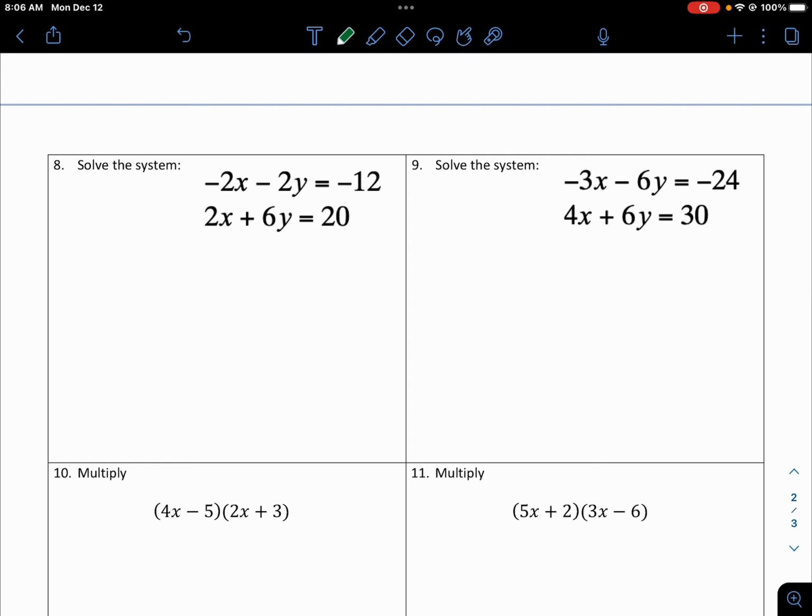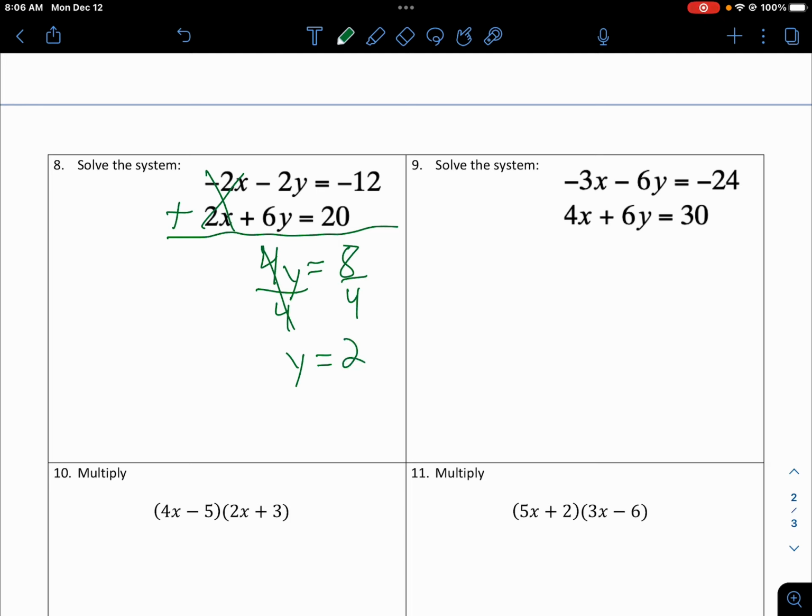Only a couple more to do. Solve the system. We've done these before. First, you just add straight down. You're going to cancel out one of the variables. It looks like it's going to be the x's, right? Negative 2 plus 2 cancels. Negative 2y plus 6y is 4y. And then negative 12 plus 20 is 8. Then you divide by whatever's with the variable.